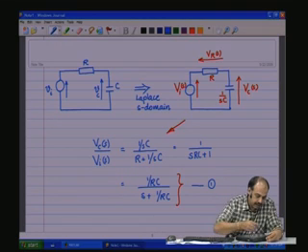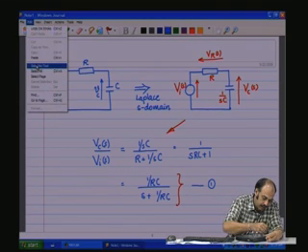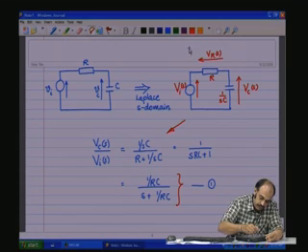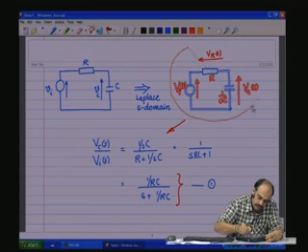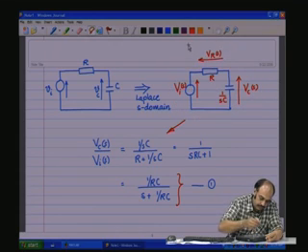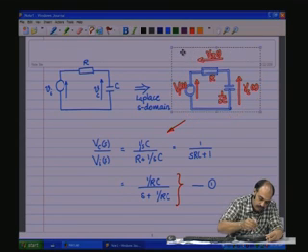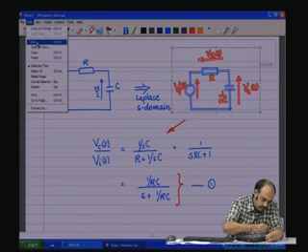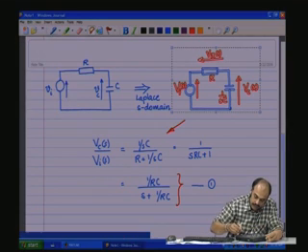So, if we look at that, let me just have a copy of this circuit in our next page.